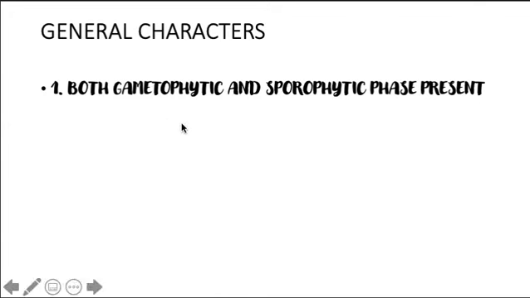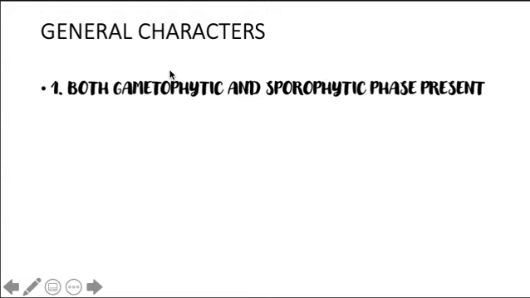So we're going to talk about the general characteristics of bryophytes. One of the first characteristics, as I had mentioned, is that both the gametophytic and the sporophytic phase are present. I have already explained what is gametophytic, and what is sporophytic.